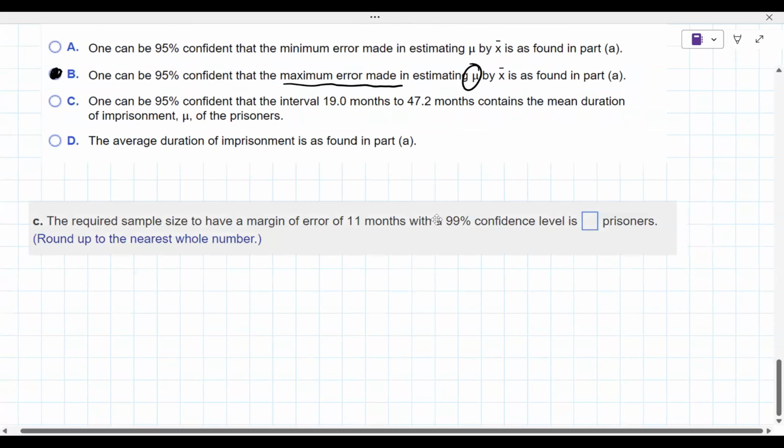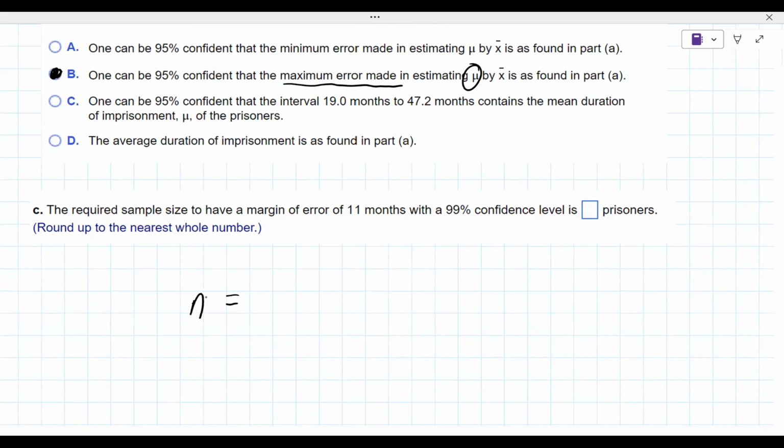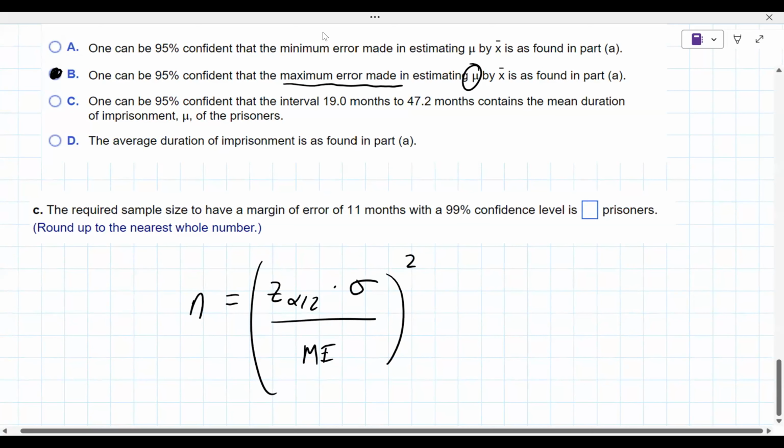Okay. The required sample size to have a margin of error of 11 months with a 99% confidence level is. So this is another formula. This is Z alpha divided by 2 times sigma divided by the margin of error. Did you see that in class? This formula? I have not.